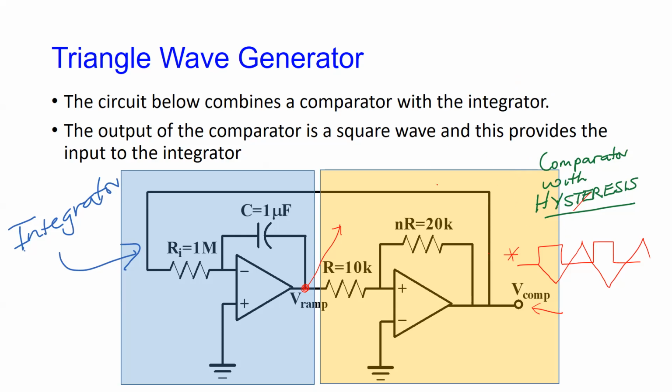Hysteresis just means that if the system goes, let's say, positive to negative to positive, then when it's going back positive to negative, there's a little delay between the two. You need that so that the integrator has time to do its stuff before it switches again. That's all.